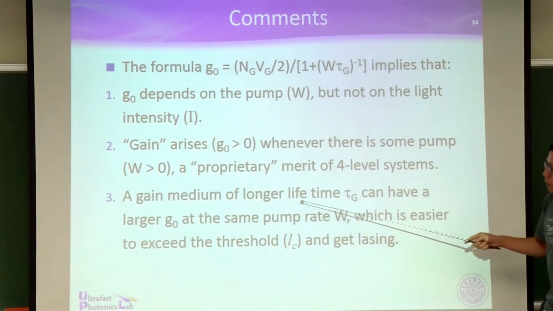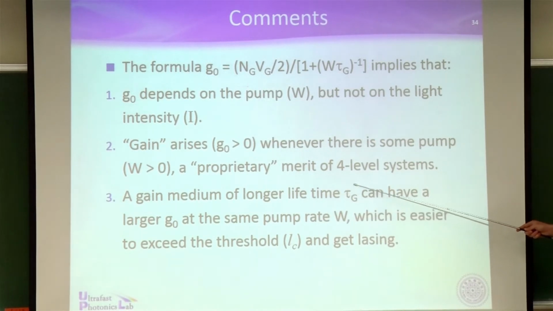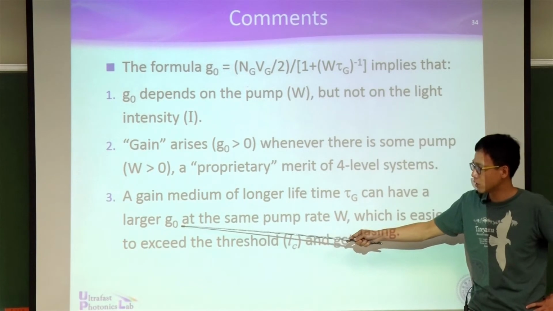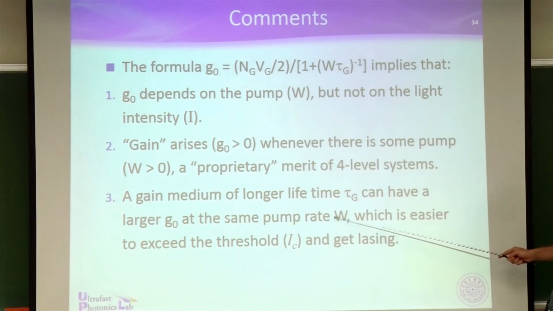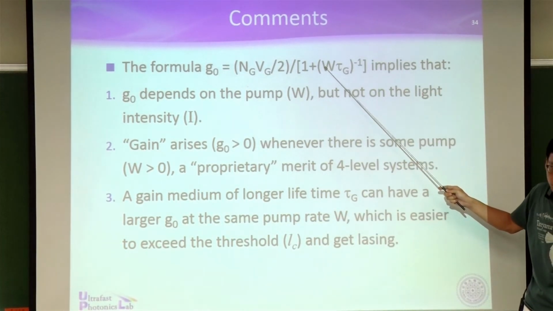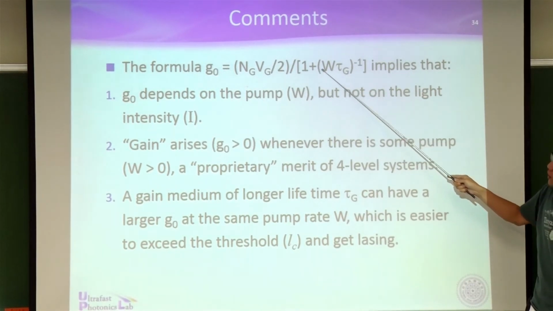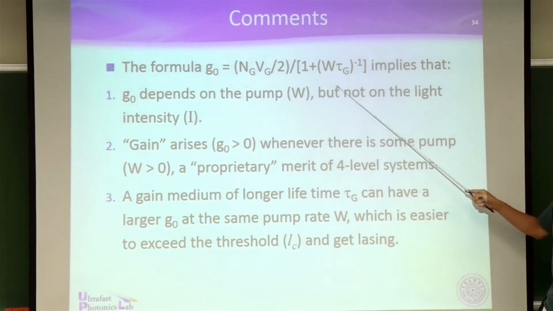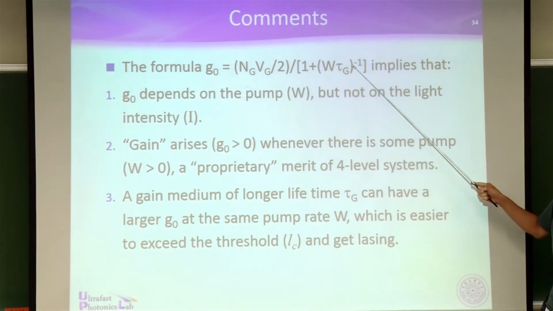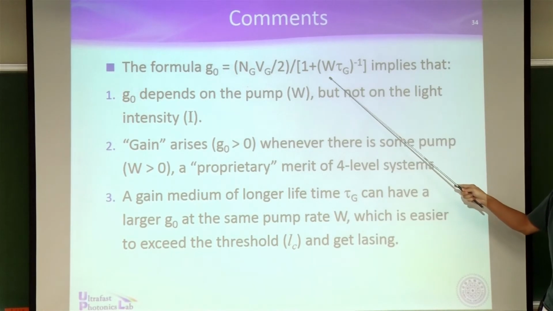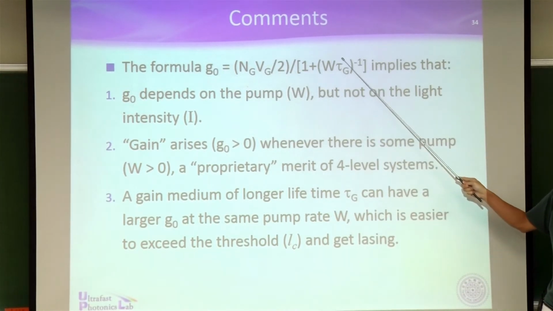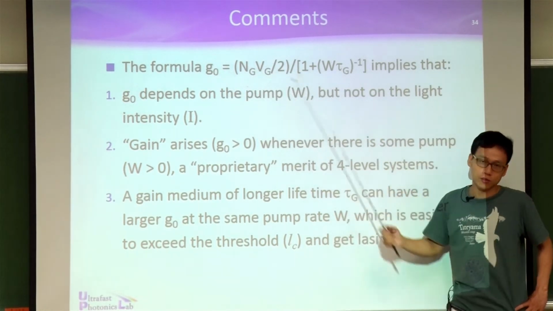A gain medium of longer lifetime, tau g, can have a larger small signal gain at the same pump rate. Just look at the formula. If tau g is larger, for the same pump rate W, the product is larger and the inverse is smaller. And a smaller number in the denominator gives you a larger small signal gain, right?